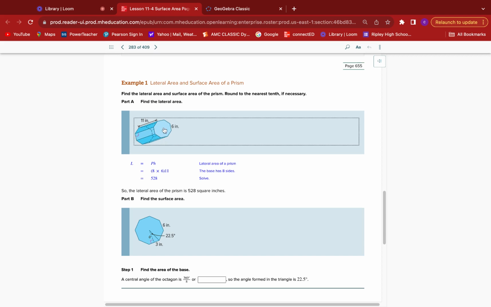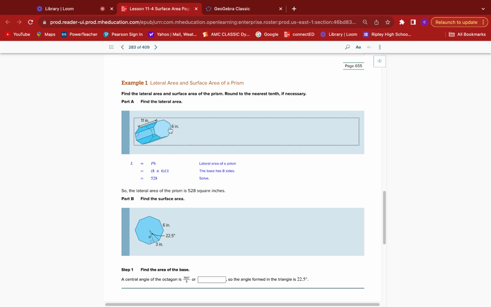So the base is an octagon at the top, and the base is an octagon at the bottom, so it has two bases. And all of these little rectangles right here are your lateral faces. There are going to be 8 of them because it has 8 sides. So 8 lateral rectangles. First off, for the lateral area, you find the perimeter of the base and multiply it by the height of the prism.